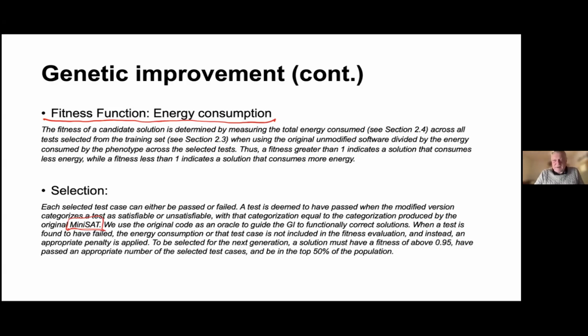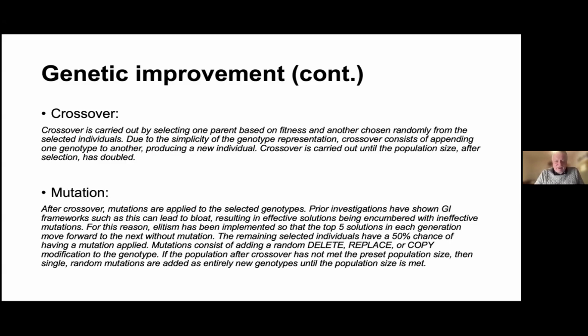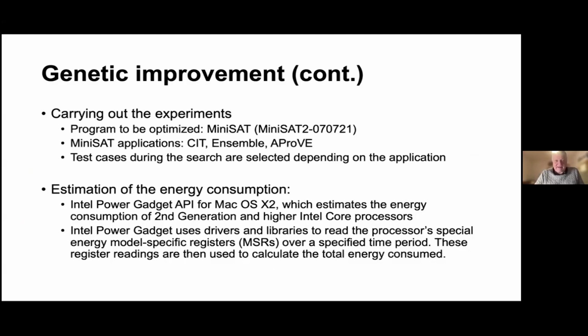In the text, there is a little bit more information, but let's go to the results. They implemented, of course, crossover and mutation as well. Again, I don't want to go into detail. What they carried out was an experiment, and I think this is the interesting thing. As I said, Minisat, and they used some constraint systems to be solved for Minisat, CIT, ensemble, proof. And they were, of course, also coming up with test cases on that.